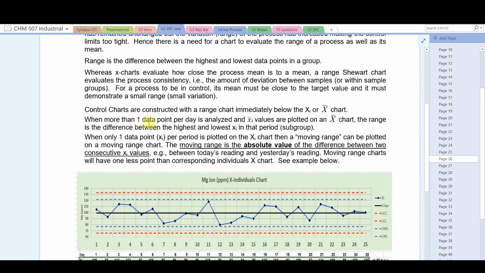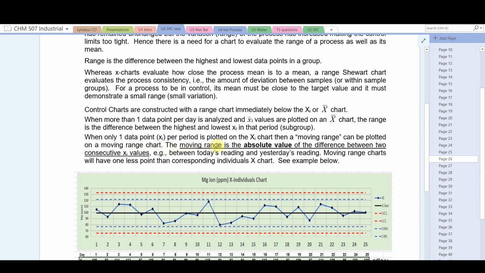When more than one data point per day is analyzed and the daily average values are plotted on an X bar chart, the range is the difference between the highest and lowest individual value of that subgroup that day. But if only 1 point per period or per day is plotted on the individual's chart, then a moving range can be plotted on a moving range chart.